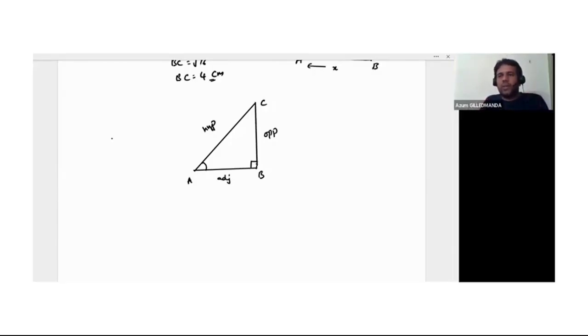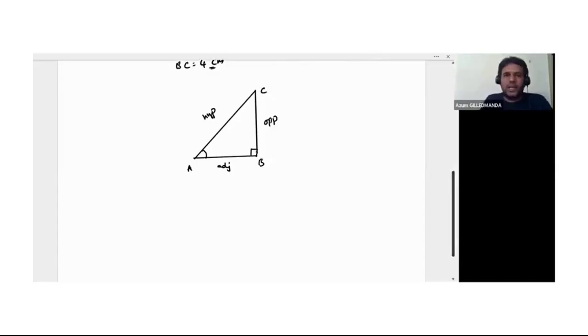Now there are 6 trigonometric ratios. This is angle A, the angle at A, and the angle at C is angle C. When we are talking about trigonometric ratios, it is with respect to the angle from where you are looking. If I want the trigonometric ratio at A, then this is the opposite side and this is the adjacent side.